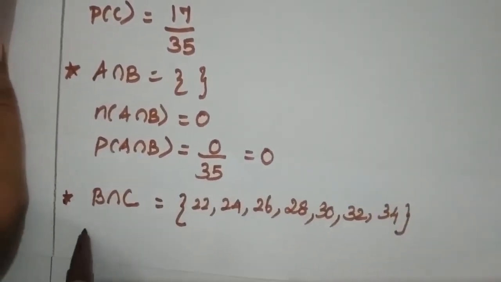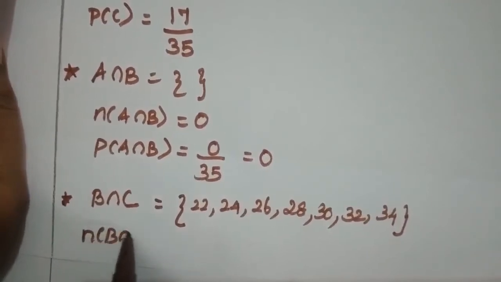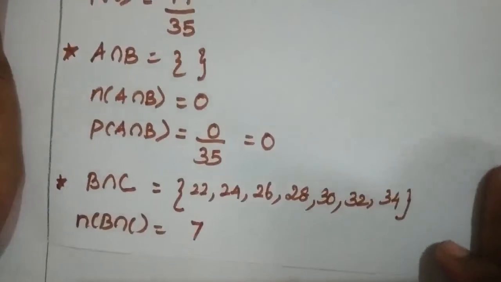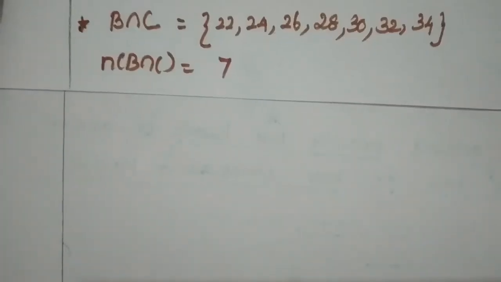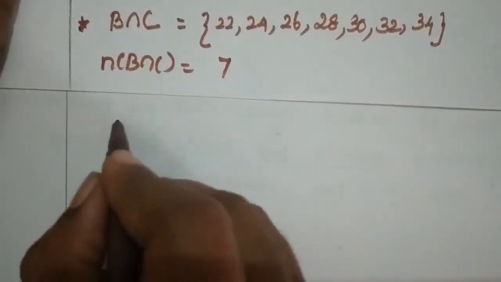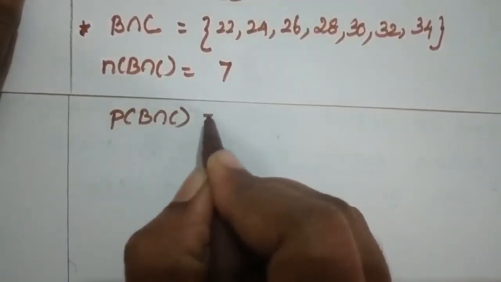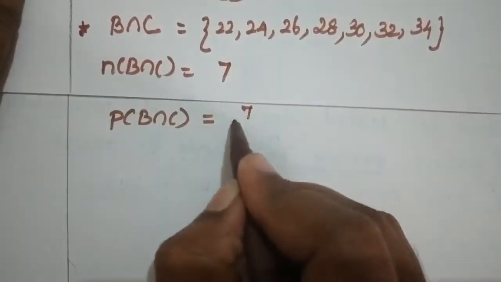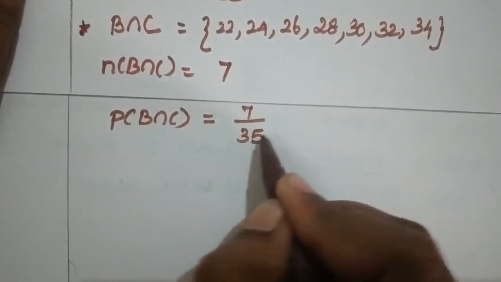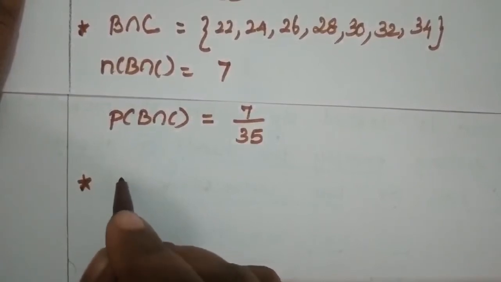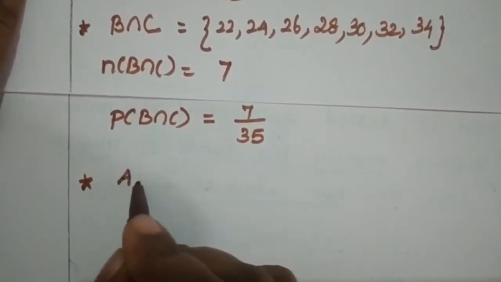N of B intersection C is equal to 7 sample points. Now we have to find its probability value. P of B intersection C is equal to n of B intersection C divided by n of S, which is 7 divided by 35.